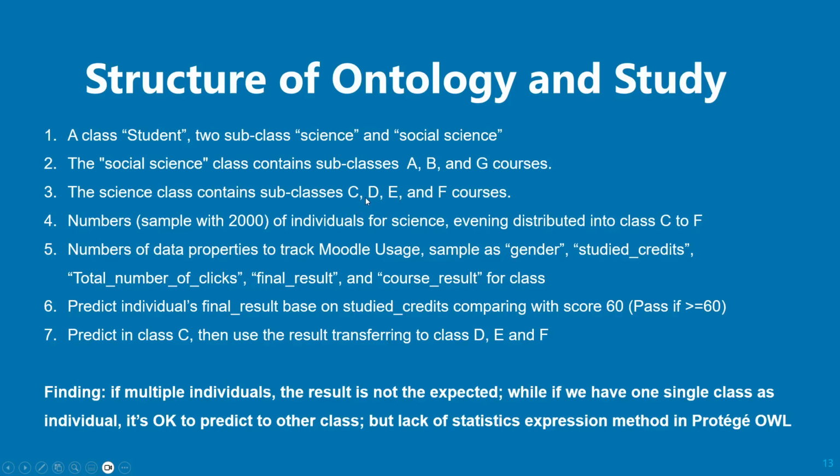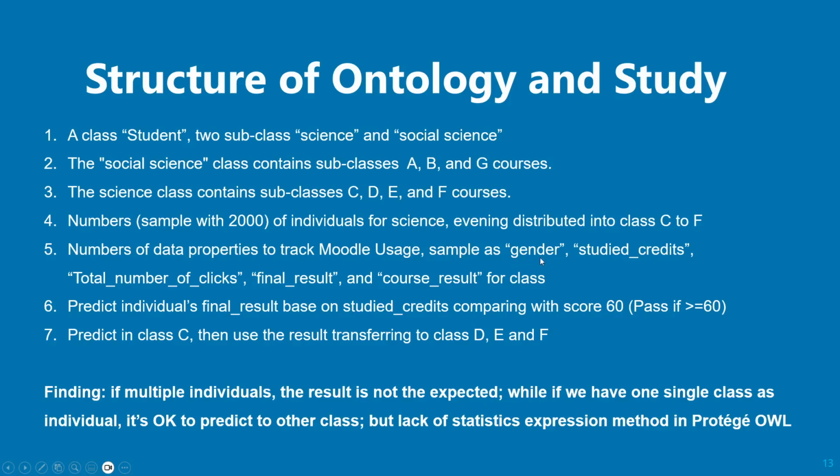For this science, they have the C, D, E, F different courses and more than 2,000 individuals per course. I try to import some sample data. For every course I import 500 individuals, and the user also creates more than 100 data properties, and I just create a very mini list.